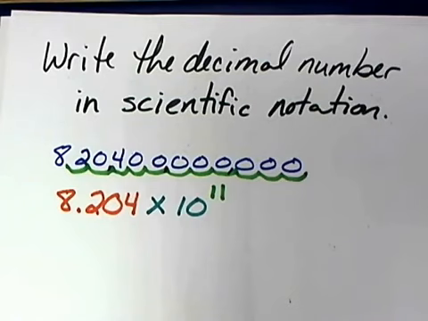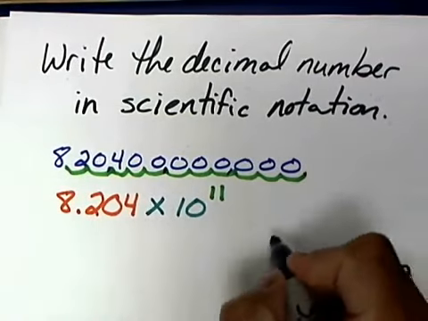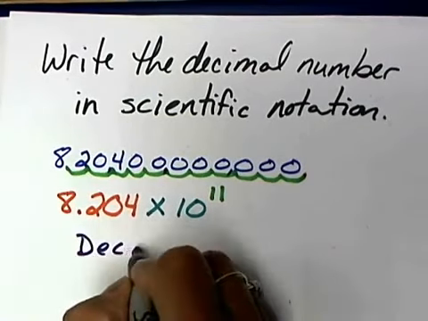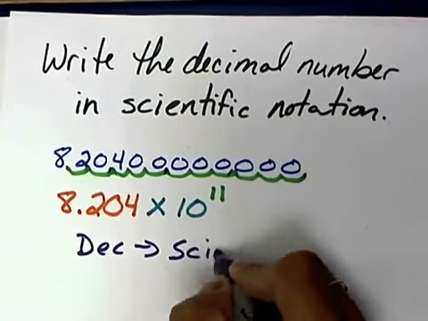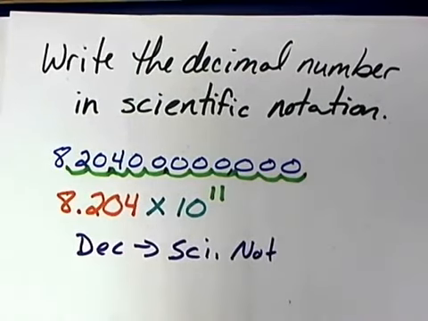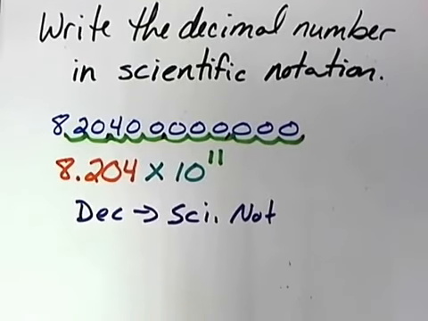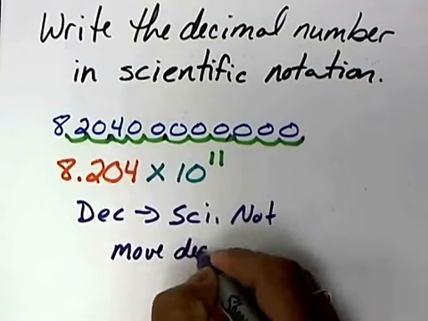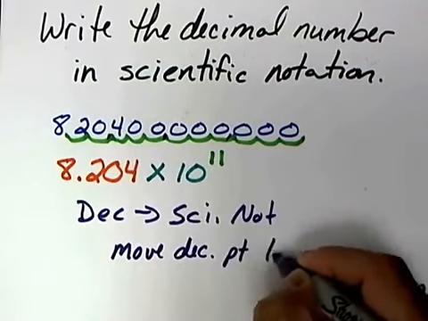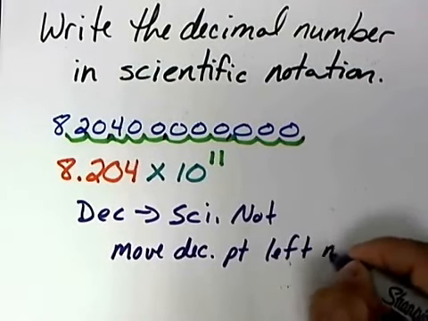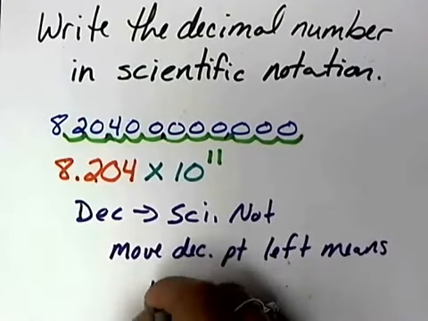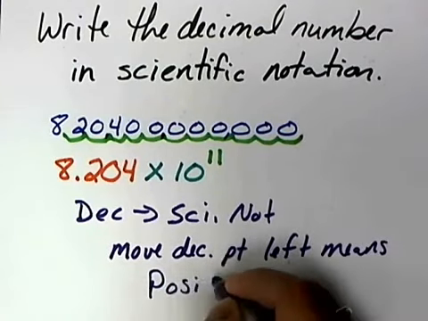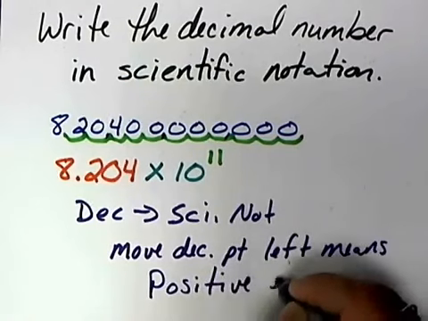So we moved our decimal point from the end to the left. When we went from decimal to scientific notation, moving your decimal point to the left means a positive exponent on the 10.